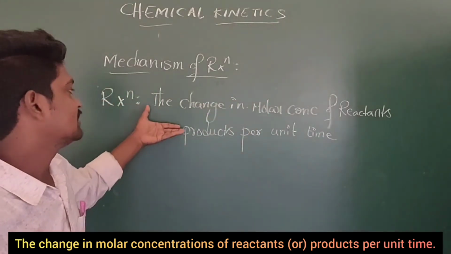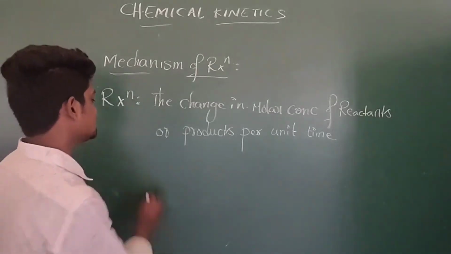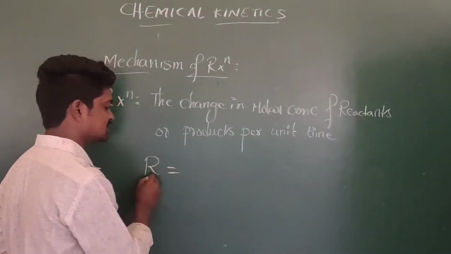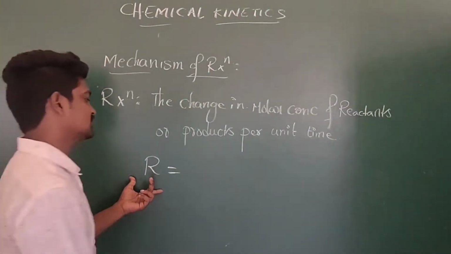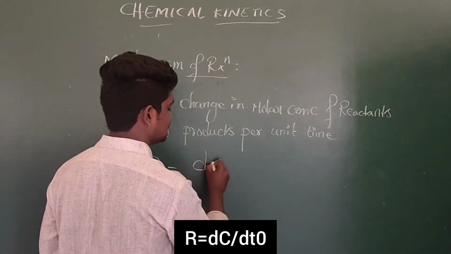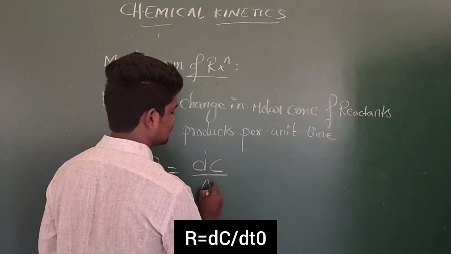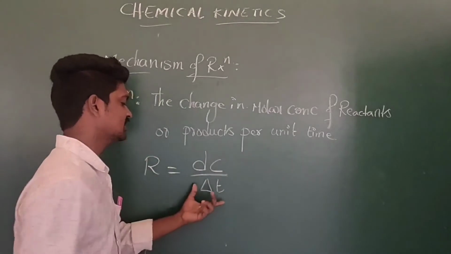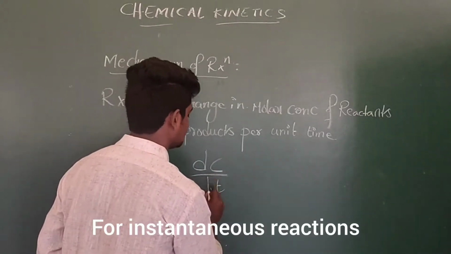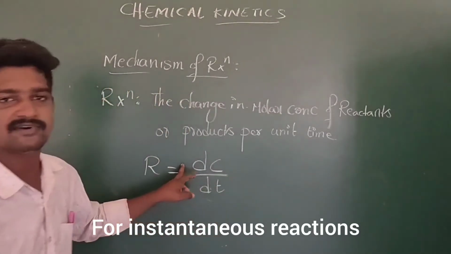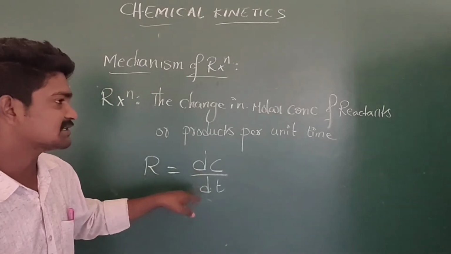Okay, this will have a small equation. Where R is rate of reaction, we can write R = dC by dt for instantaneous reactions.